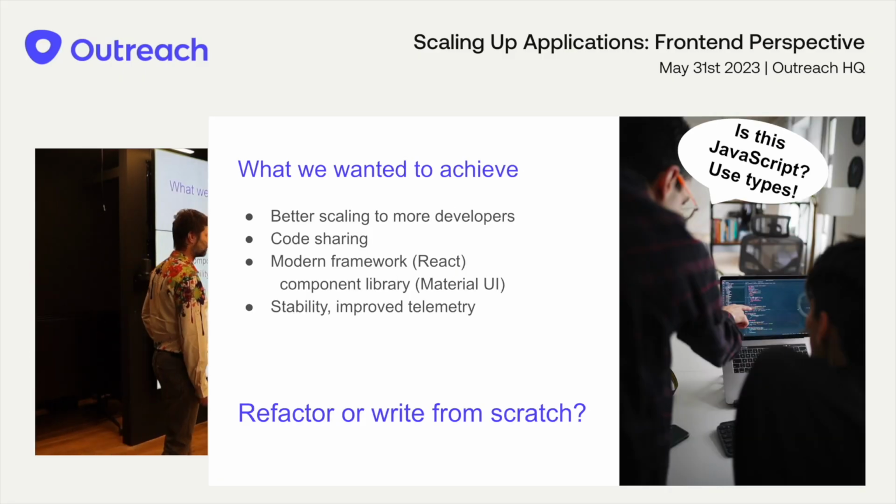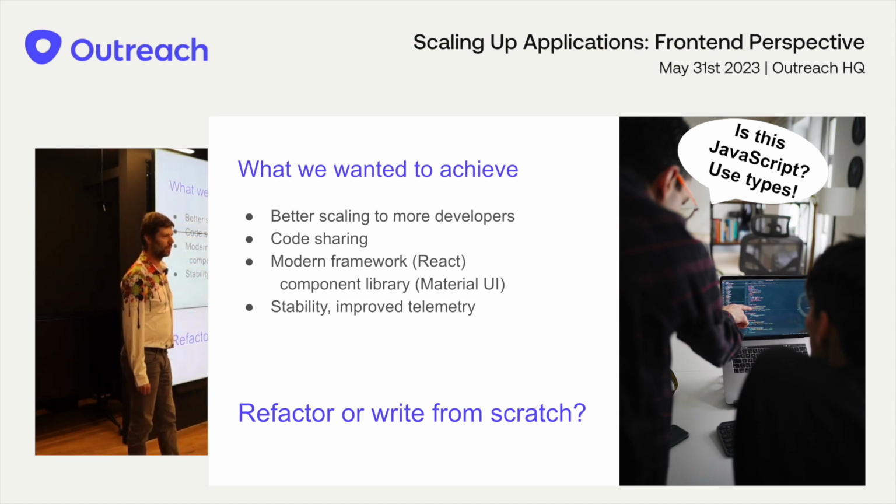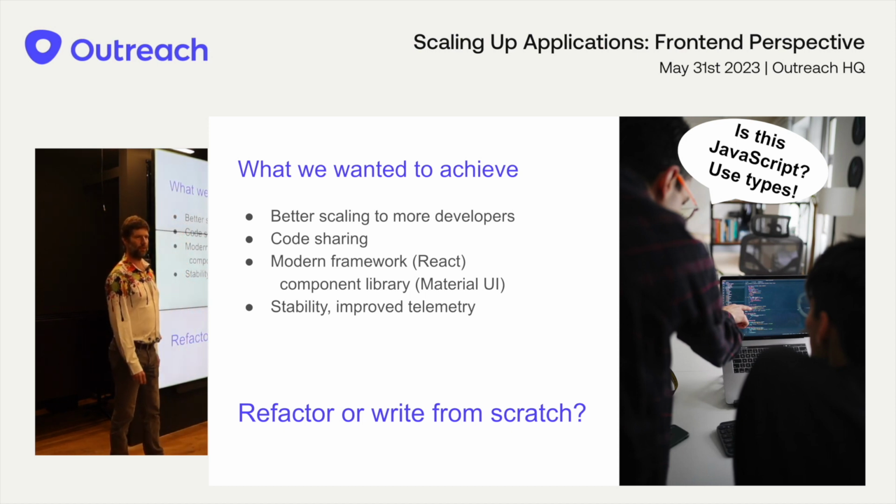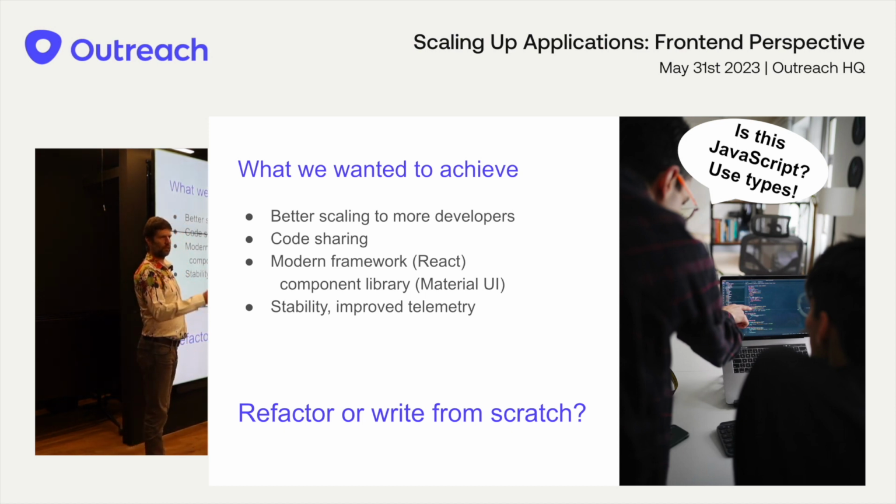So, with the old application, initially when Outreach started in 2014, it had just a few developers. So it was kind of easy. Everybody knew what the others were doing. And we did have, even back then, 3 different products. It was the web app, the extension, and Outlook add-in.